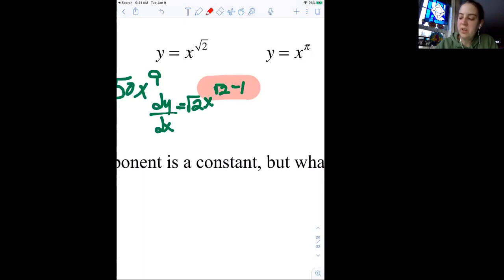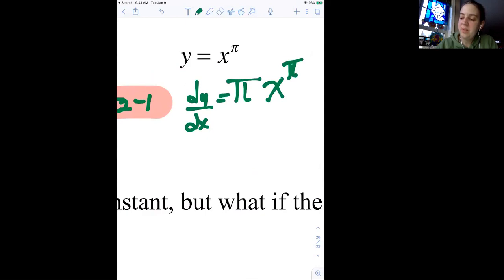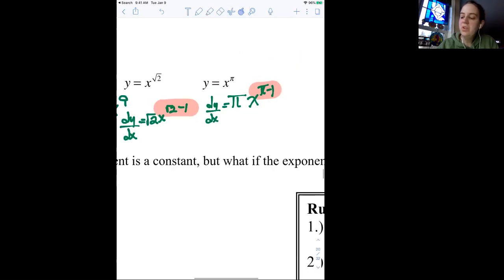You don't have to turn it into 1. You can leave it just as it is. If we look at this one, dy/dx, bring the pi to the front. Pi is just 3.14. x to the pi minus 1. Again, you could turn that exponent into a decimal if you really, really wanted to. Not necessary.